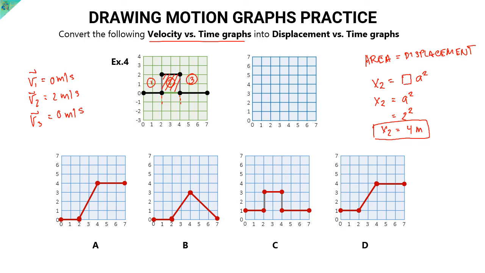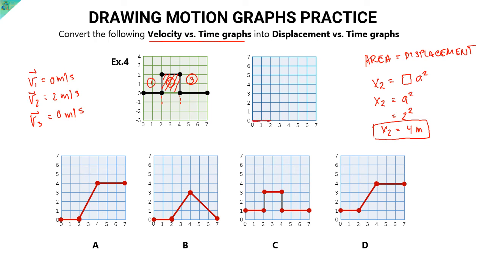So what if we try to translate it into a displacement versus time graph? Let's analyze first the situation 1. Situation 1 shows 0 meters per second, meaning until the 2 second, it has 0 meters per second, meaning hindi siya gumagalaw.